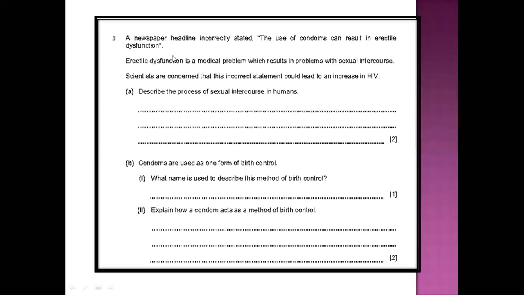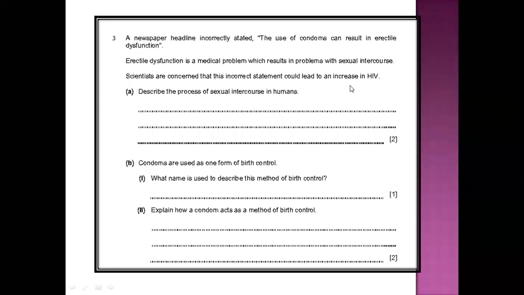Scientists are concerned that this incorrect statement could lead to an increase in HIV. They are worried that if people stop using condoms because of the incorrect statement in the newspaper, that may lead to an increase in HIV.